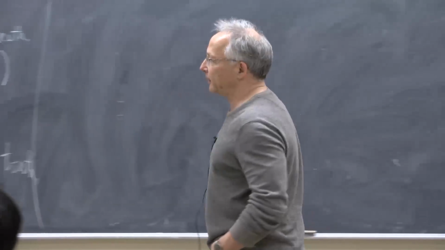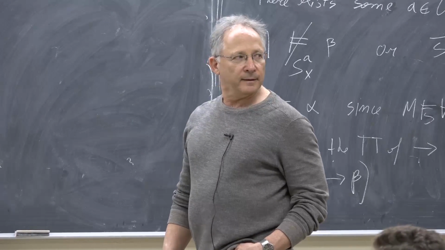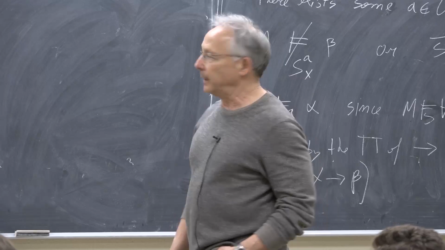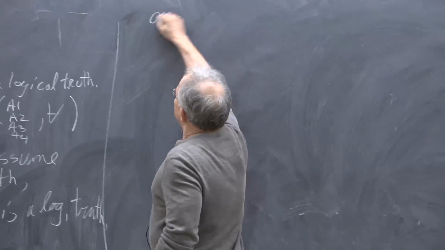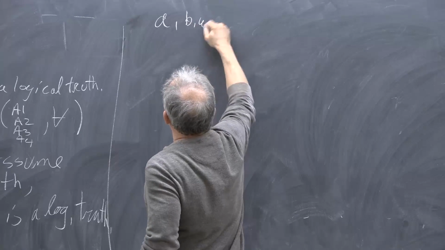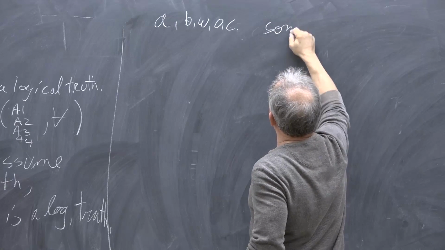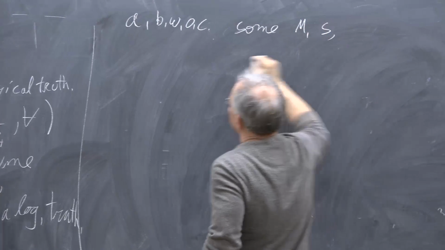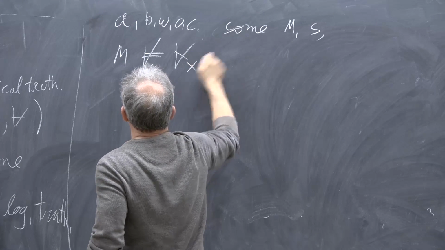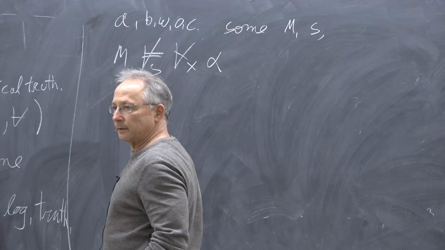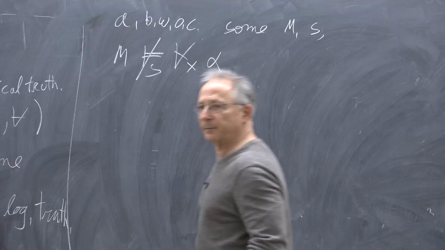This is just to finish the case of axioms. And again, it's the same thing. So assume by way of contradiction that for some M, S, we have M under S does not satisfy for all x alpha. Because if it's not a logical truth, then it fails sometimes.